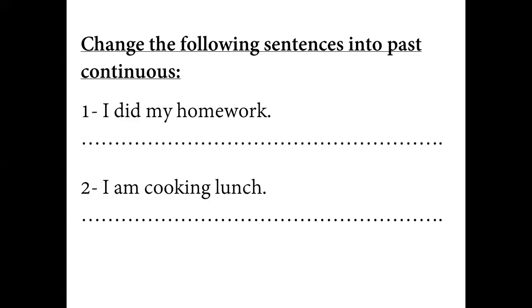I always say do my homework. I can never say make my homework, like some people in the class say, Miss, I made my homework. No, it's wrong. You should say I do my homework, I did my homework. So in the past continuous, we should say I was doing my homework. Not I was making. The verb make never comes with homework. I should say do.